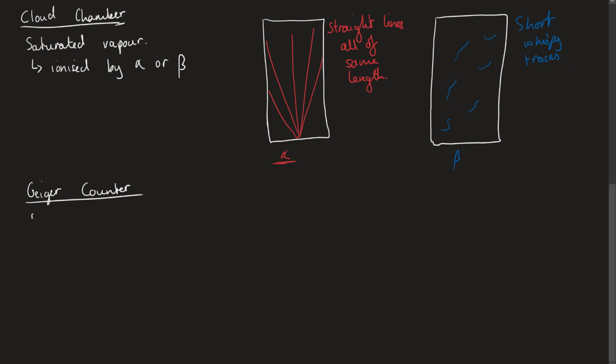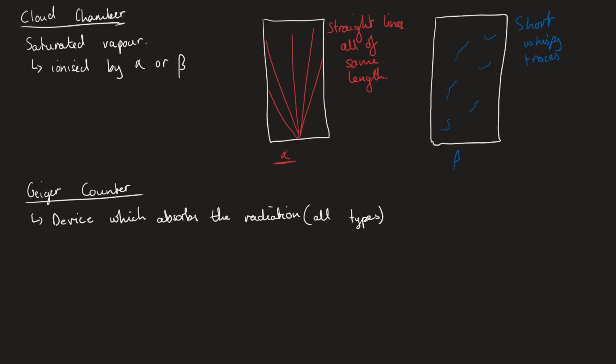So a Geiger counter is a device which absorbs the radiation, and I should point out here this is all types of radiation. This isn't just going to be just absorbs alpha, just absorbs beta, or just gamma. It will absorb all three, and for each one that it absorbs, it will provide a count rate.